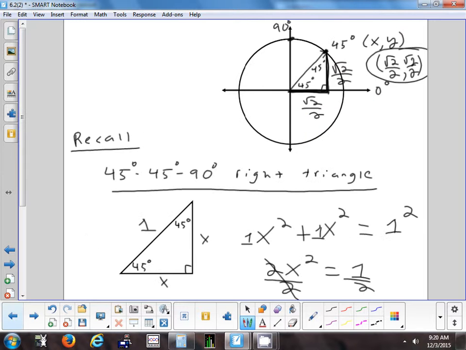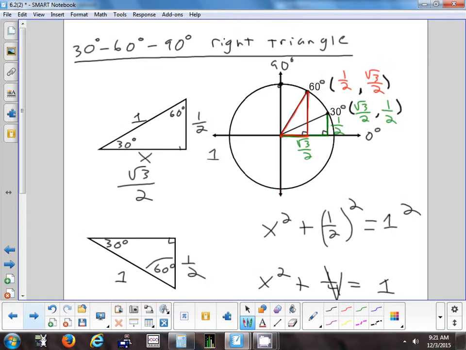Those two coordinates, and make sure you know the 0, 90, 180, 270. We did those yesterday. Okay, those are the easy coordinates. The 0, 90, 180, 270, you're never going to have square roots with those. You just have ones, negative ones, and zeros. Okay? All the other ones, the 30s, 45, and 60, you got square roots.